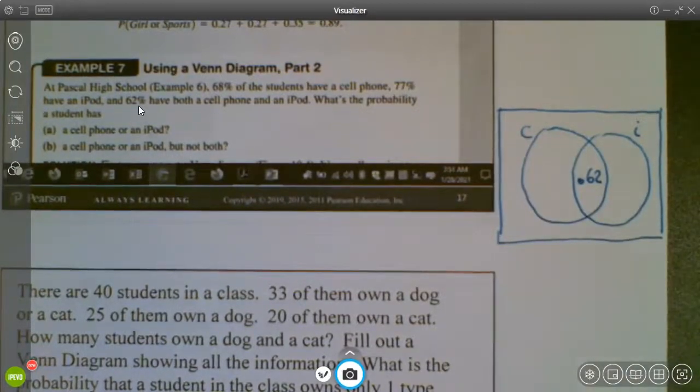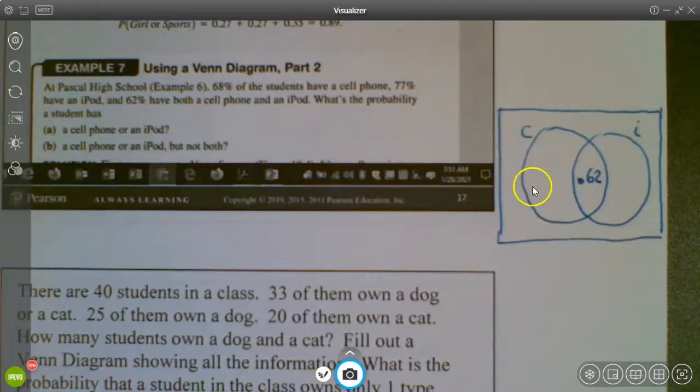Here's the key, and if anyone messes this up, this is usually where it happens, so pay close attention to this. 68% of students have a cell phone. This entire circle represents the cell phone people, so that means this entire circle needs to represent 68%. Well, we have already put in 62%.